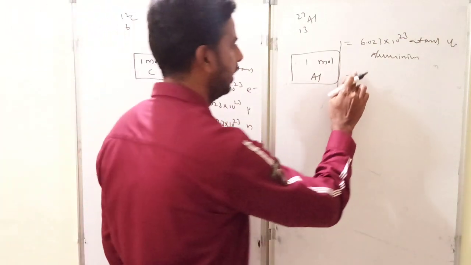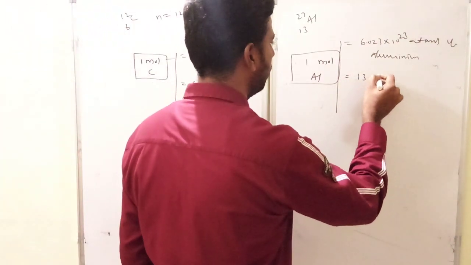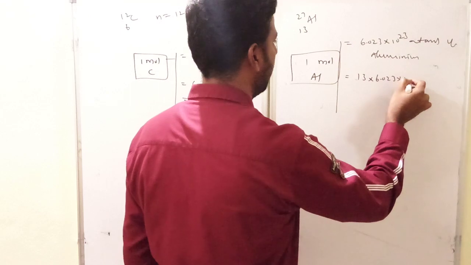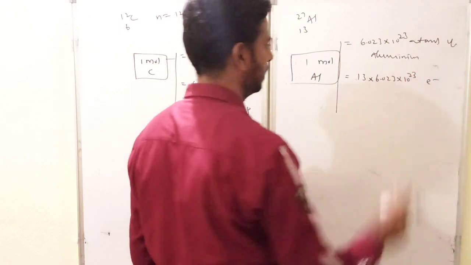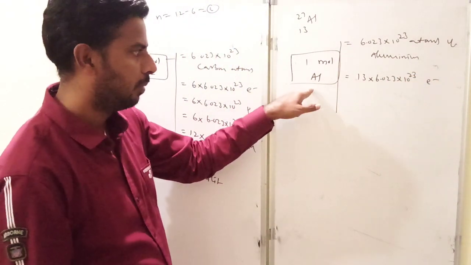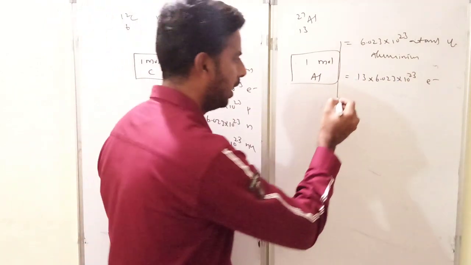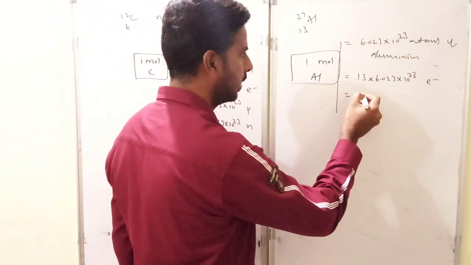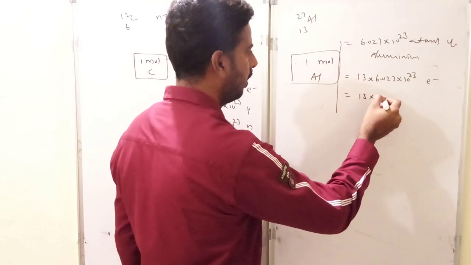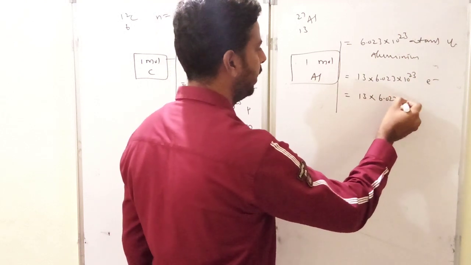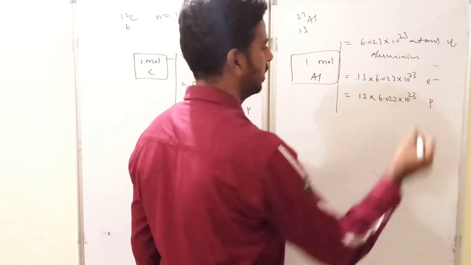So 1 mole of aluminum contains 13 into 6.023 into 10 power 23 electrons, and similarly 13 into Avogadro number of protons.